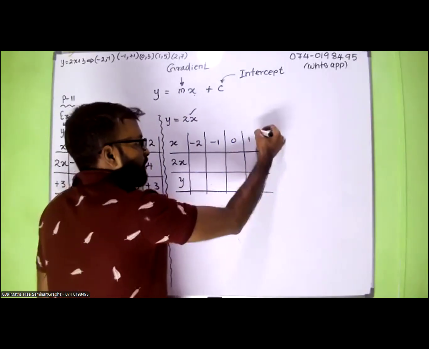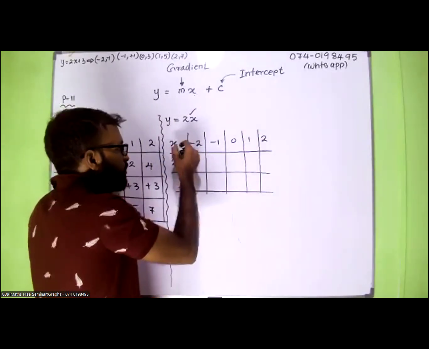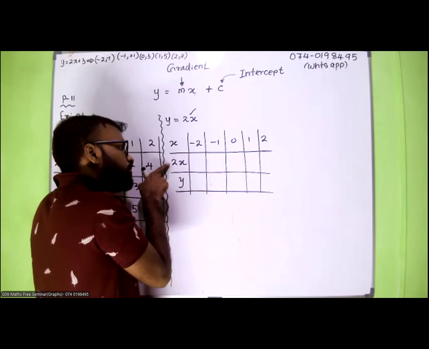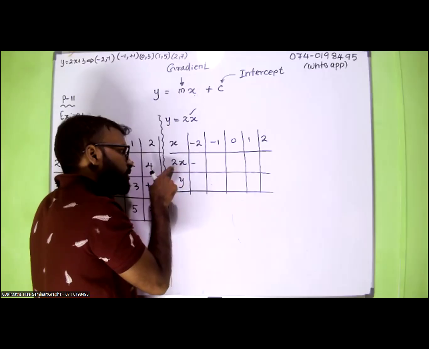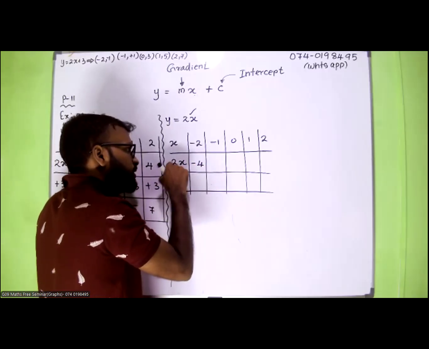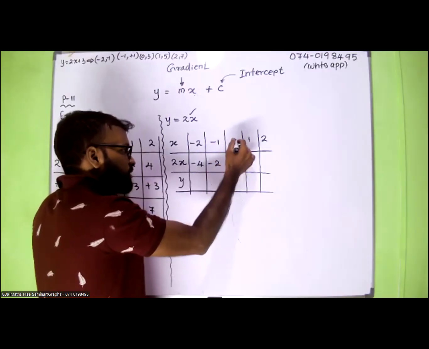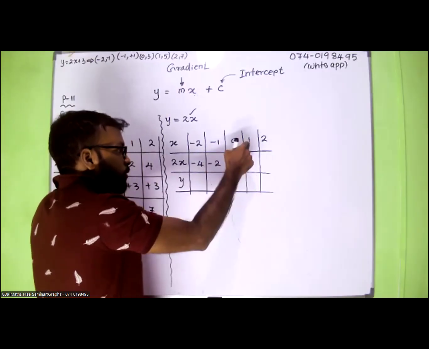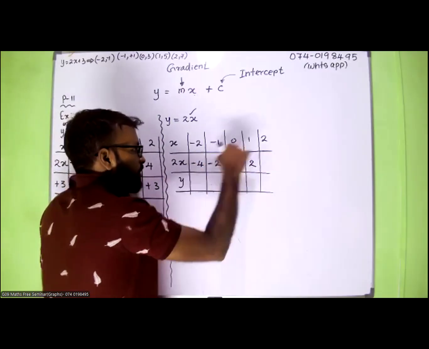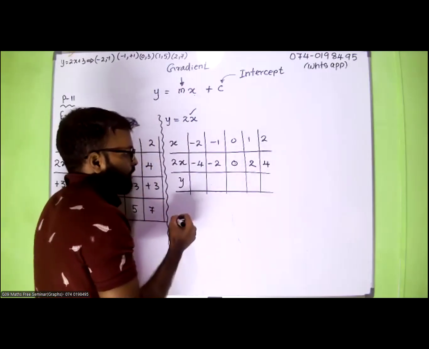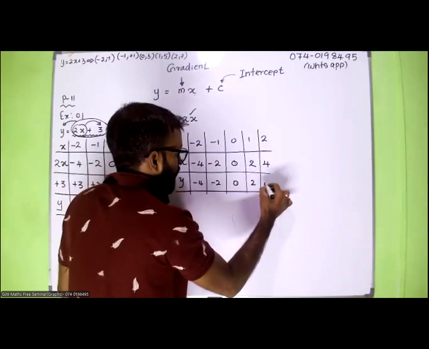Very easy. Y equals 2x, so I'm going to substitute. Positive into negative, negative. 2 times 2, 4. Positive into negative, negative. 2 times 1, 2. 0 and 0. Positive 2 times 1, 2. 2 times 2, 4. So this equals minus 4, minus 2, 0, 2 and 4.